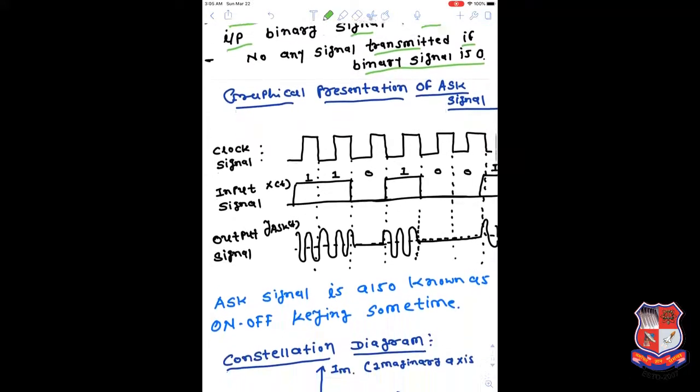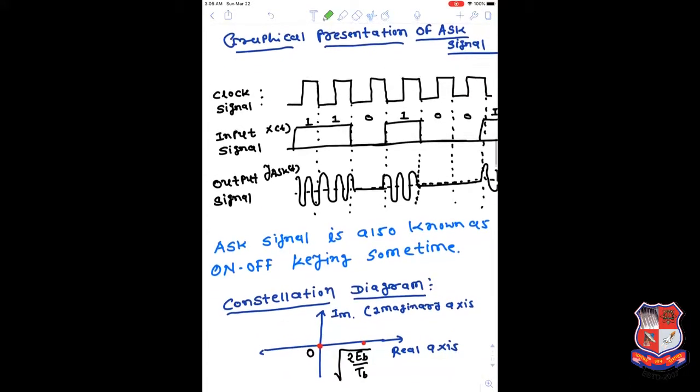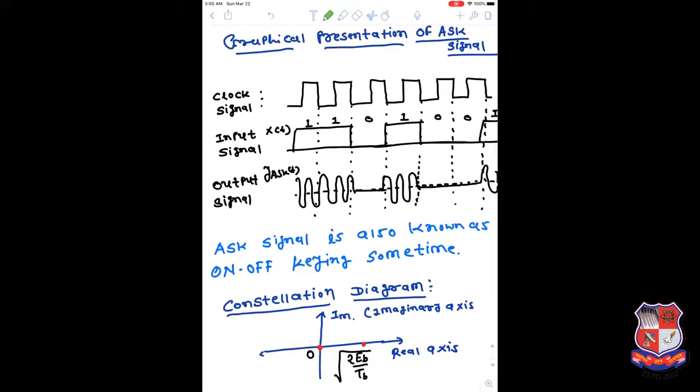Now here there is a graphical representation of the ASK signal. Here the bits are changing at the boundary of a clock, and consider that every bit is changing at the negative edge of the clock signal. So this is the negative edge transition of the clock from 1 to 0, and at this negative edge the bit is changing.